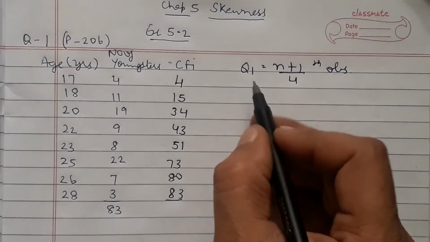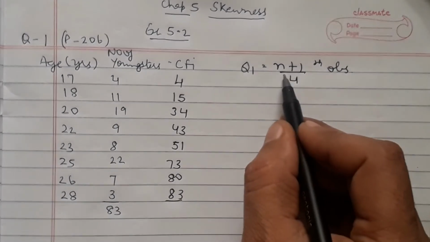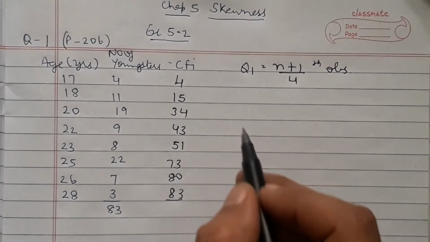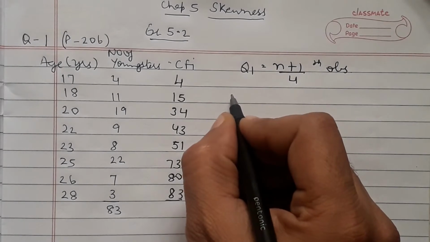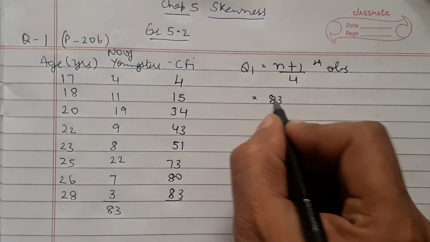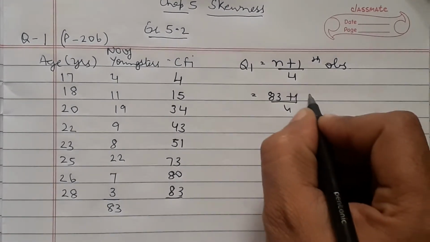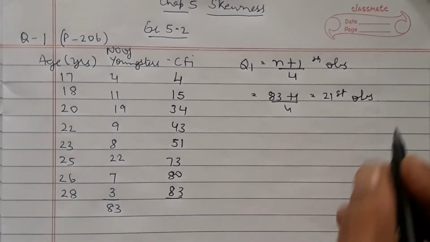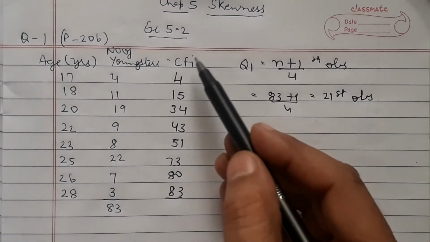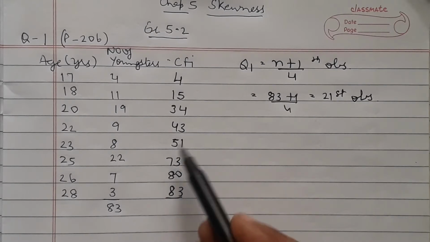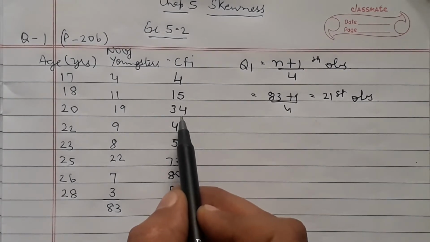Now to find Q1, quartile 1, we use (n + 1) / 4. The Q1 value is equal to n, which is 83, the total of frequency, plus 1, divided by 4, that is the 21st observation. We will find this 21st observation in the CF. It lies in the class of 34.